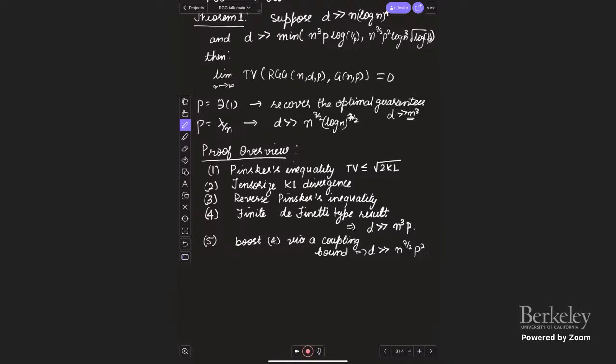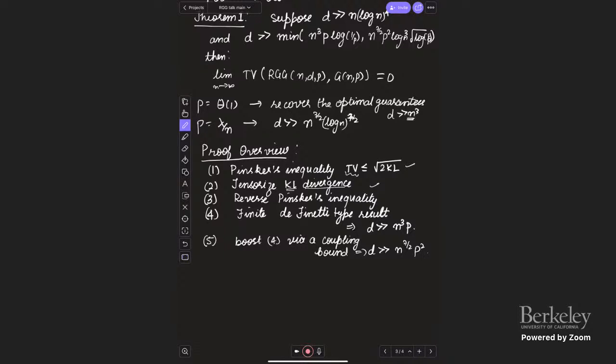And we know that total variation distance does not tensorize very nicely, but KL divergence tensorizes very nicely, by which I mean that we can reduce the KL divergence over the whole distribution to the KL divergence of a single marginal. And that's why we do the tensorization.